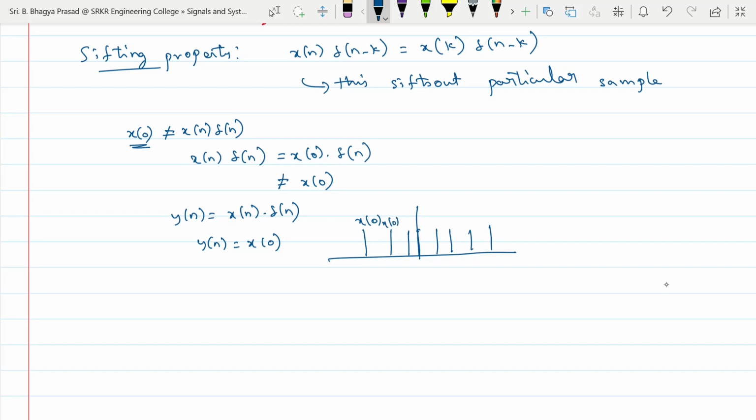So this is an improper representation. You have to write it like this.